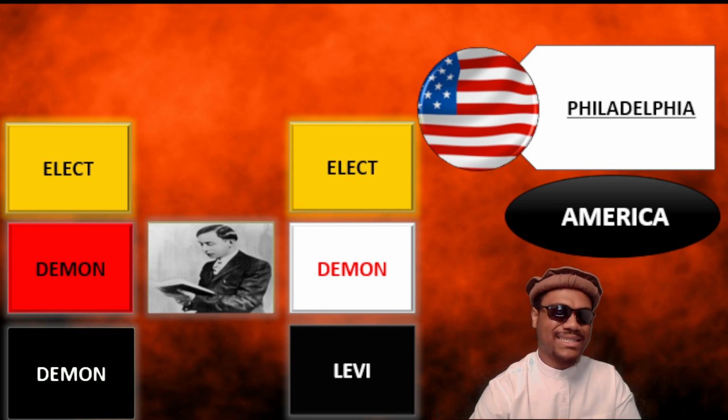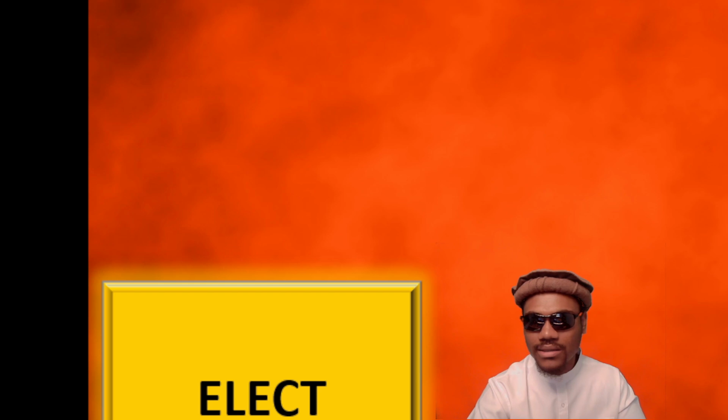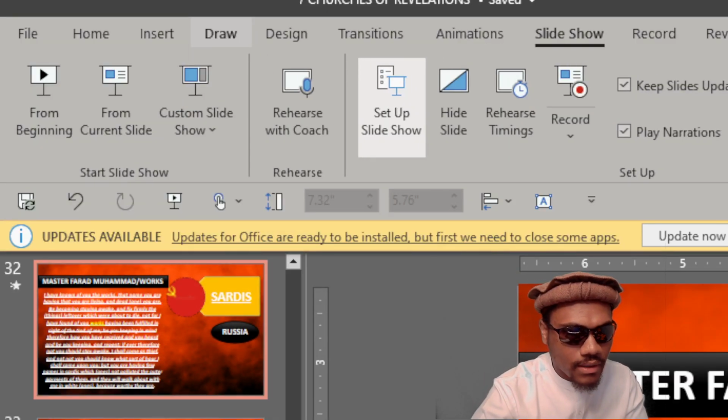And like I said, this part should be green. I'm not understanding why it's not. Just give me a second, real quick, brothers and sisters. I don't like that. Give me a second.